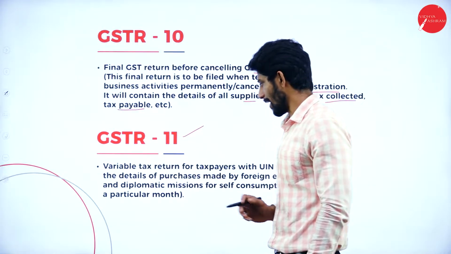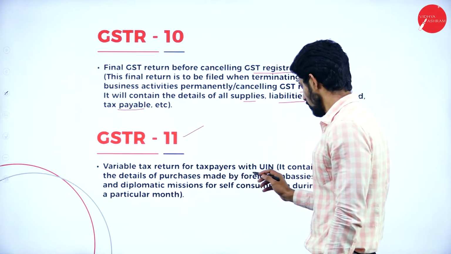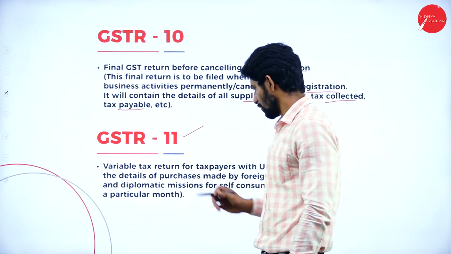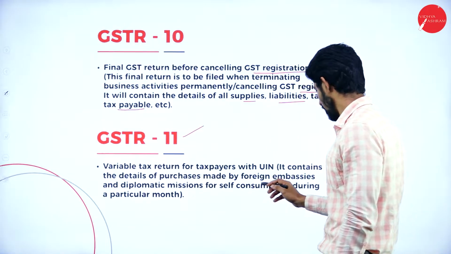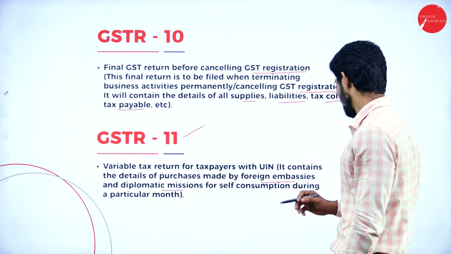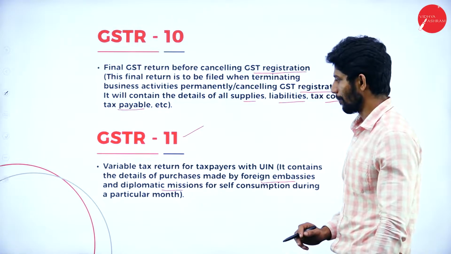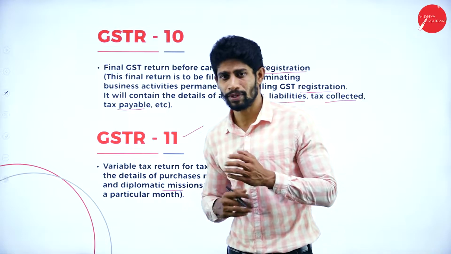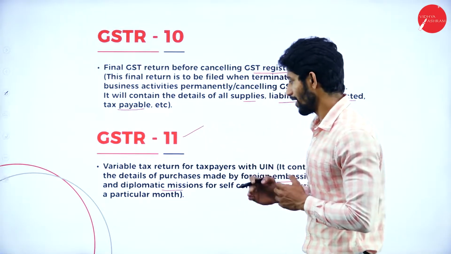It is a variable tax return for taxpayers with UIN. It contains the details of purchases made by foreign embassies and diplomatic missions for self-consumption during a particular month. Yes, it is not compulsory. GSTR-11 need not be filed compulsorily. It is a variable tax return.